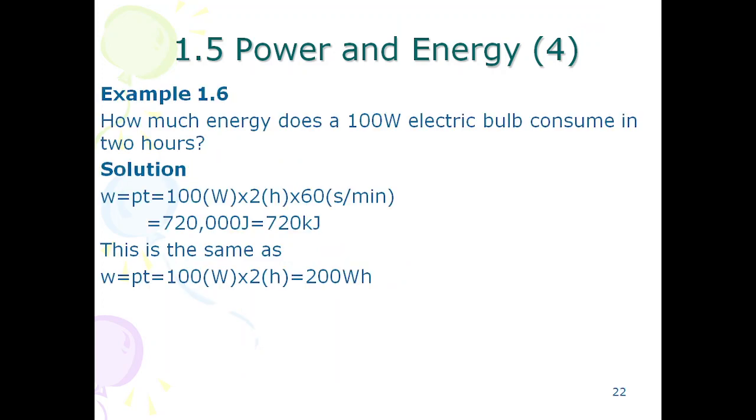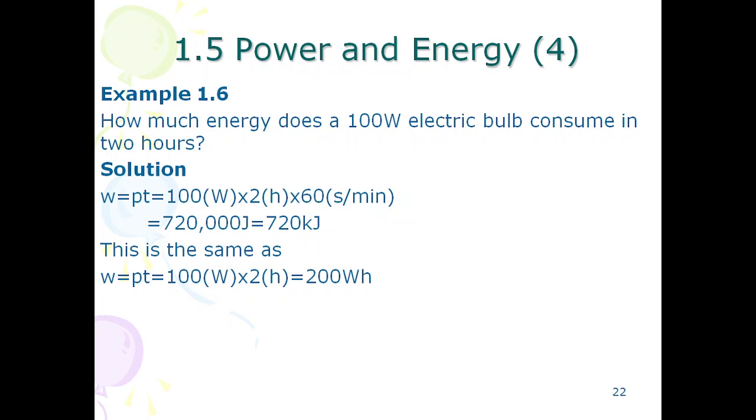Now example 1.6: how much energy, this means we have to find the energy, does a 100 watt electric bulb consume in 2 hours. Power is given as 100 watt, and time is given as 2 hours. Now we have two formulas. Either we find energy in joule, or we find energy in watt hour.